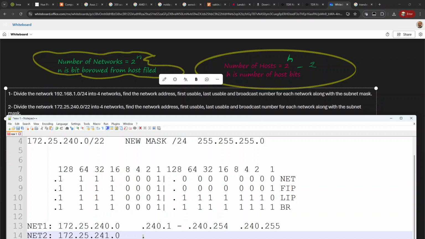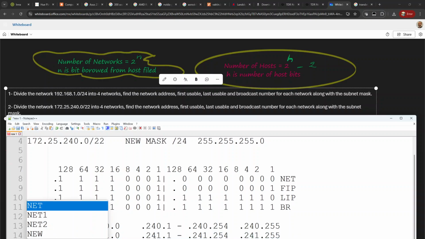So for network 2, the first usable IP is 241.1, the last usable IP is 241.254, and the broadcast is 241.255.